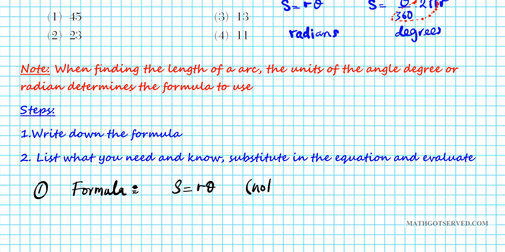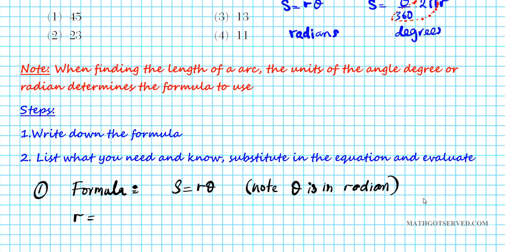Okay, let's just put a side note here. Note theta is in or must be radian. If theta is not in radian form, either you use this formula or you convert to radian before you use this formula. So be careful about that. All right, let's list what we know and need. The radius. Let's see, what is the radius for this problem?